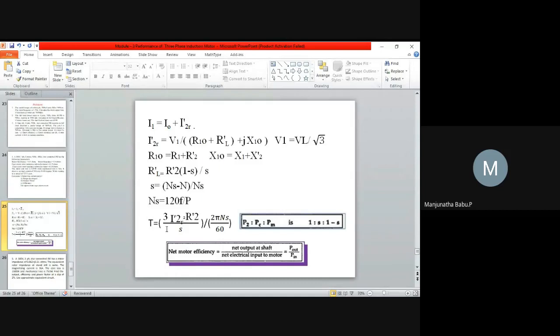You'll be getting around 36.23 kilowatts. The current is 49.148, that is I2', into 0.15 divided by 0.03.